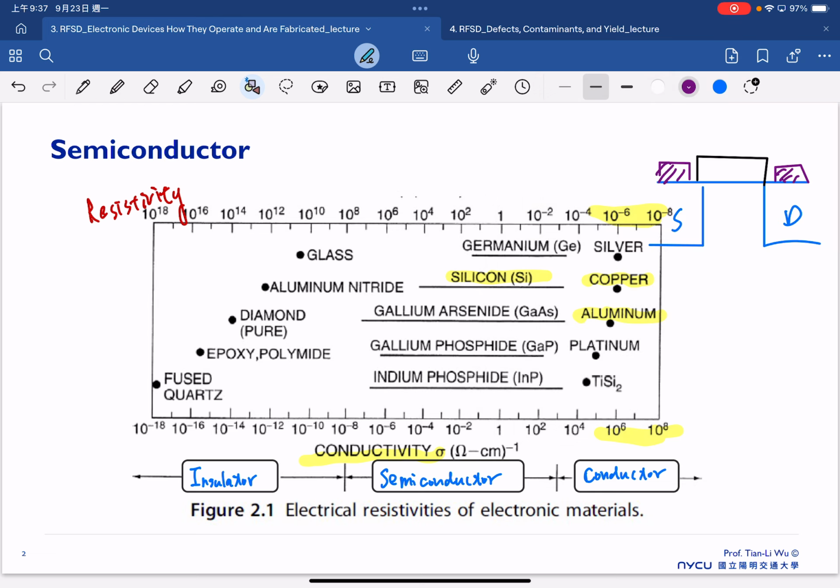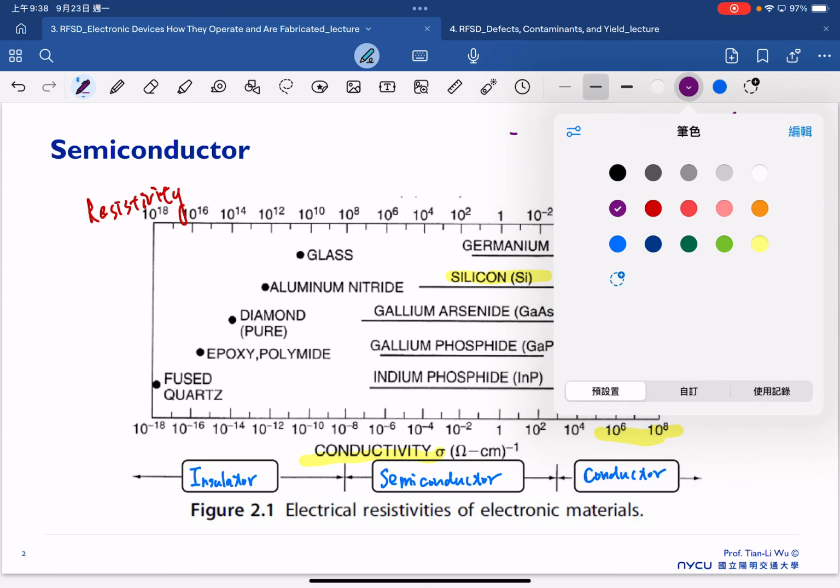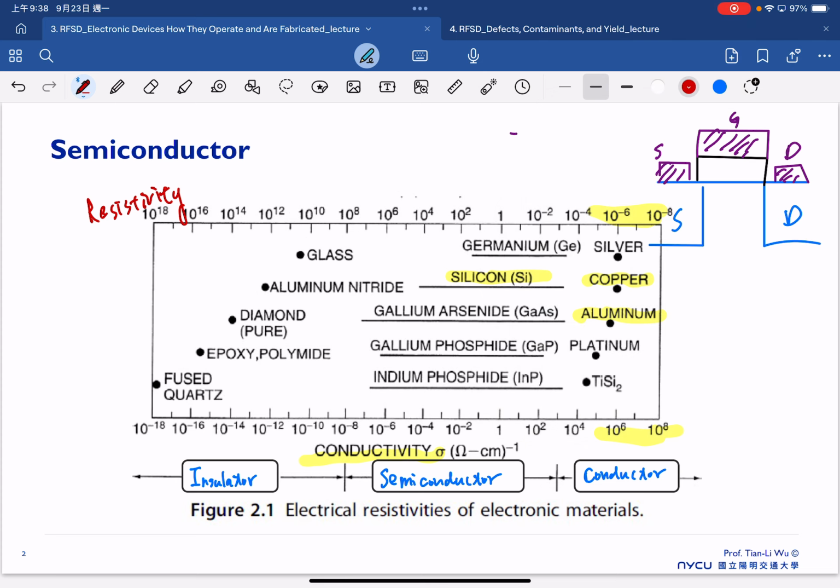And on top of the dielectric, we have the gate. So this is our source, this is our gate, this is our drain. So first of all, in most cases, we simplify our case, so we will use a P-type silicon as one example. So this is a P-type silicon. That is a material for semiconductor.